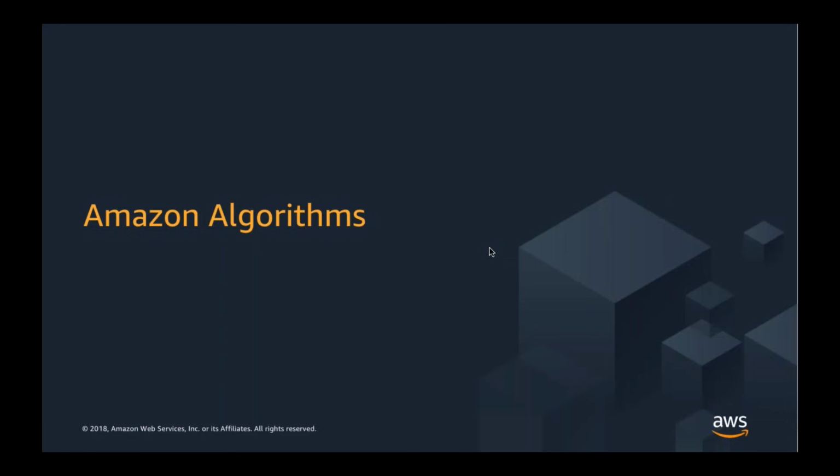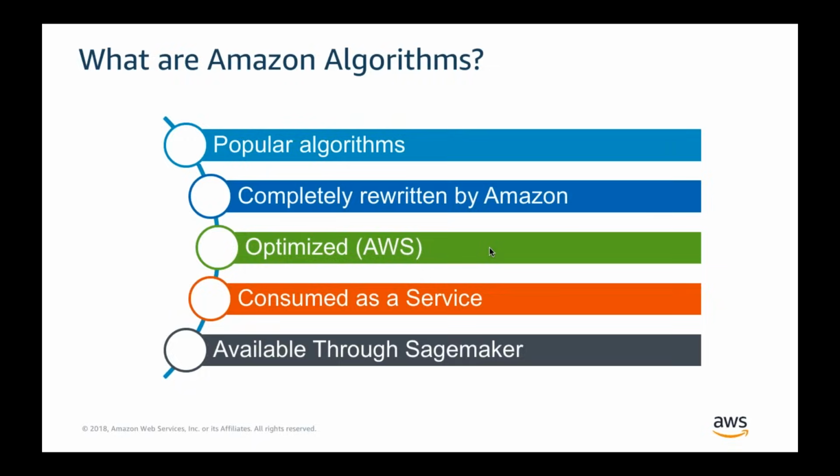All right, welcome to this webinar, and today we're going to be talking about the 6th algorithm in the Amazon algorithm series. But what are Amazon algorithms? These are popular algorithms that have been completely rewritten by Amazon for AWS.